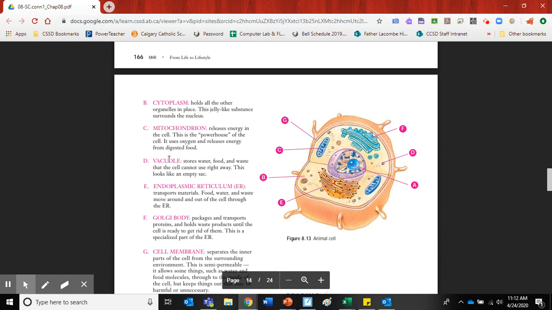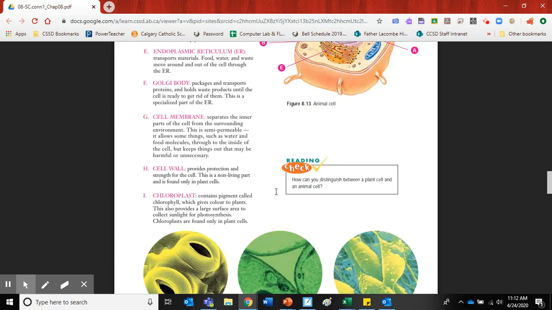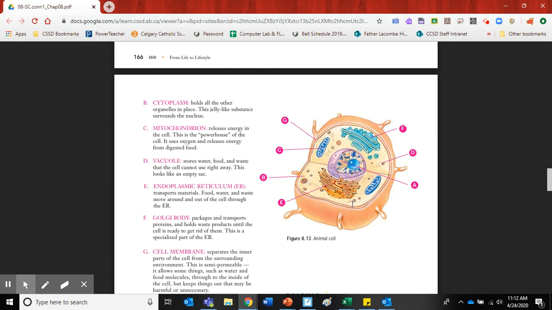Same thing for all these other terms that we see here: cytoplasm, mitochondrion, vacuole, endoplasmic reticulum, Golgi body, cell membrane, cell wall, chloroplast. Have all these terms. If it helps, you can include a small simplified version of a drawing as well.